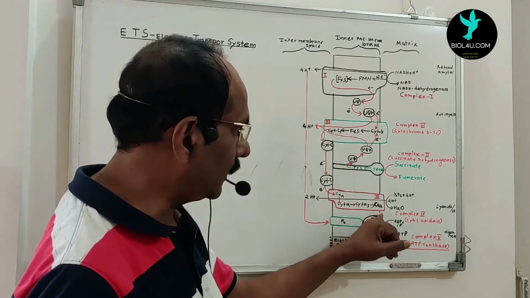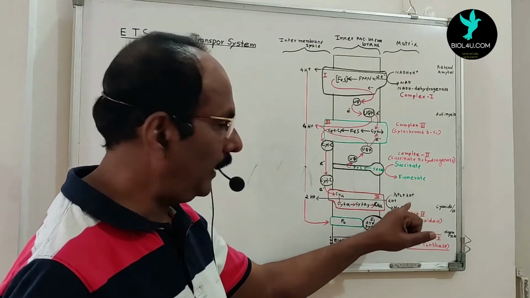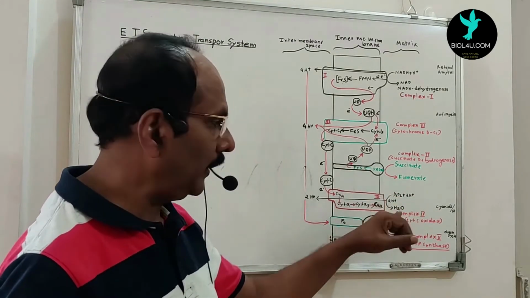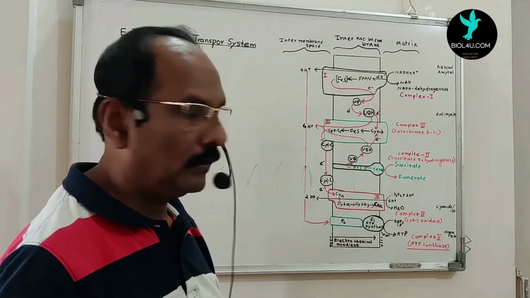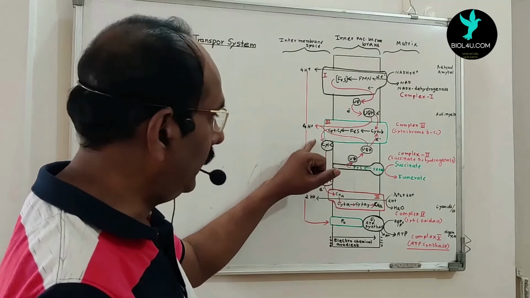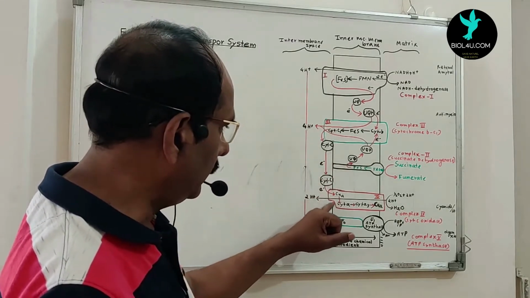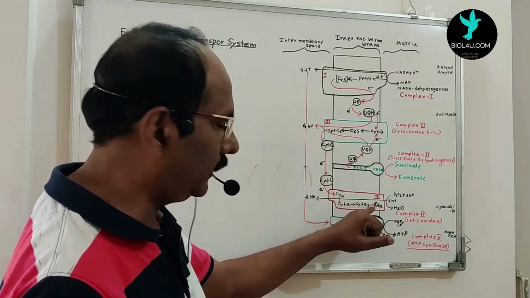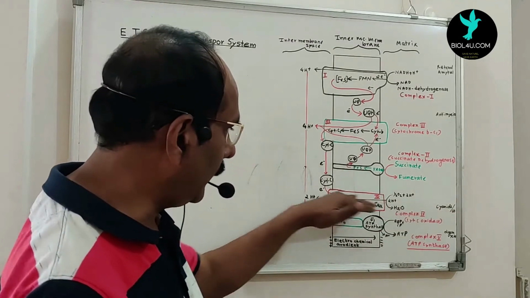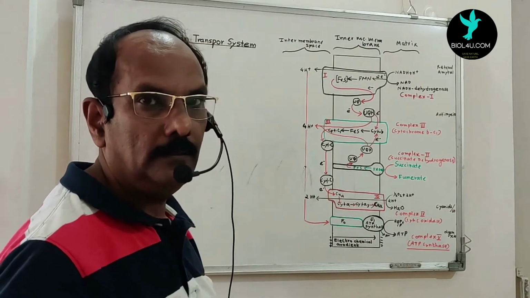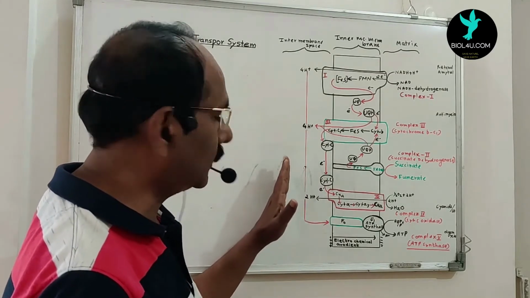From this copper, the electron is given to the molecular oxygen, and the molecular oxygen becomes ionized, and then combines with the hydrogen and forms the water molecule. Then 1 more electron is there, and this electron again comes downward, and it is transferred to the cytochrome A3, and with the help of the energy present in the electron, 2 hydrogen ions are transferred to the interspace.